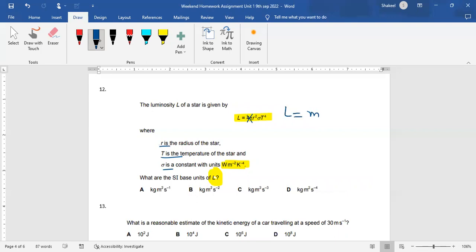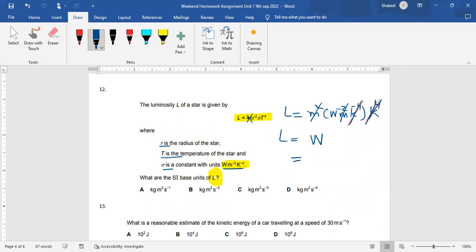R is radius, so it is meter square. Alpha unit is given, which is watt per meter square per K minus 4, and T^4 is Kelvin 4, right? So this Kelvin 4 and Kelvin 4 cancel away. And then again this meter square and this meter square cancel away. You're just left with watt.